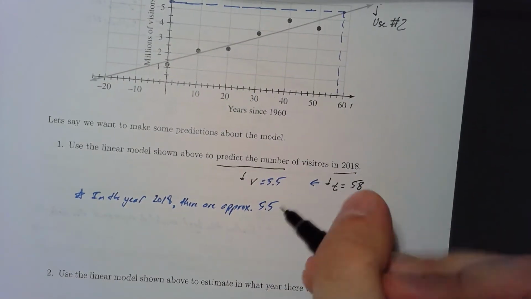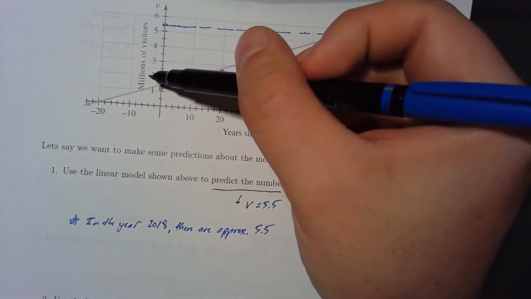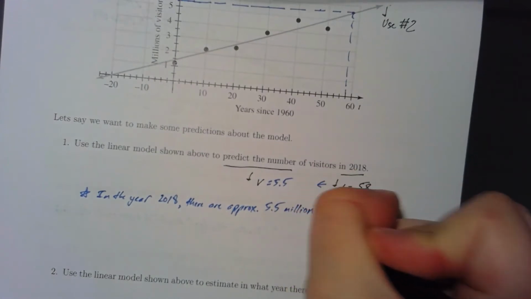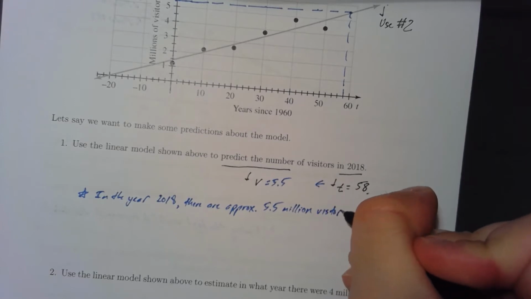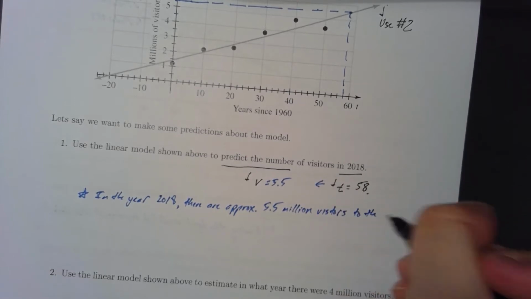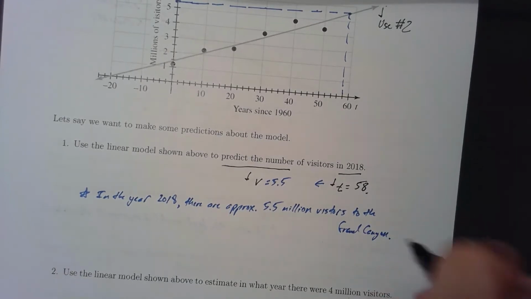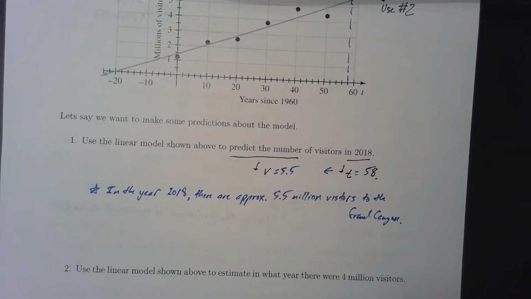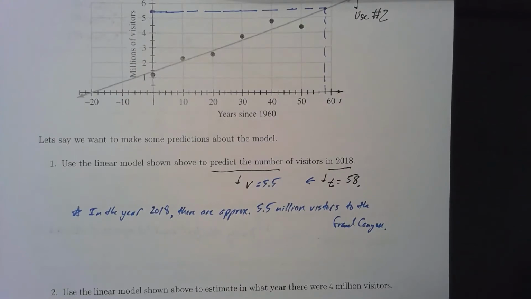Now remember, this isn't 5.5 visitors, it's 5.5 millions of visitors. 5.5 million visitors to the Grand Canyon. Alright. And that's it for question 1. I'm just using that model to make a prediction.